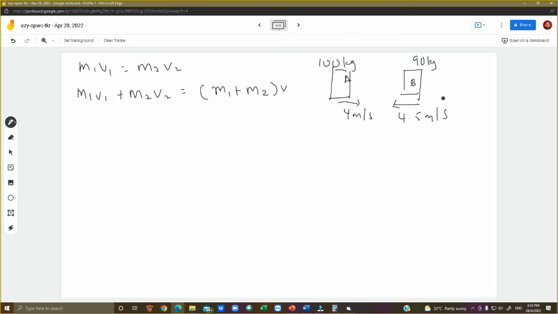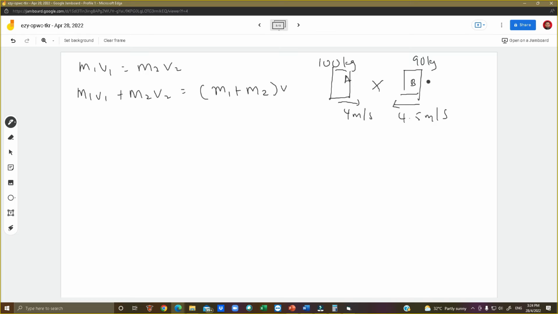So the question is, what happened after they collide? Where do they move to? Please use the equation that has been given in order to solve the problem.